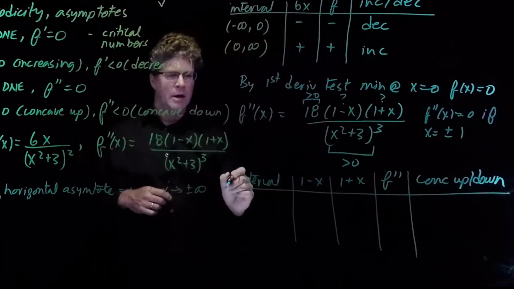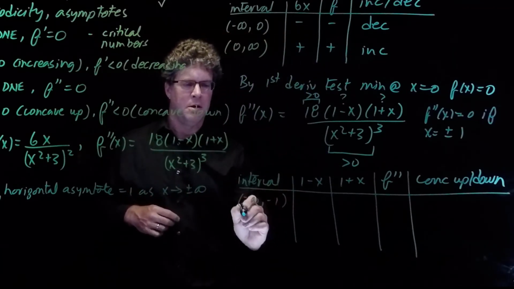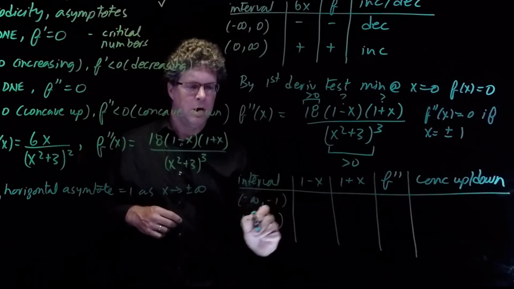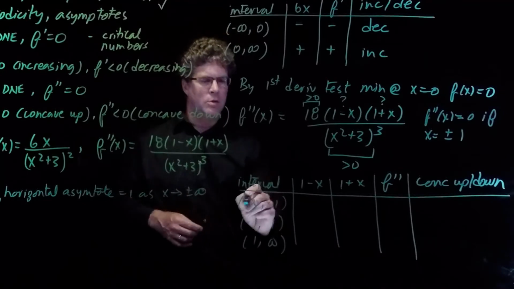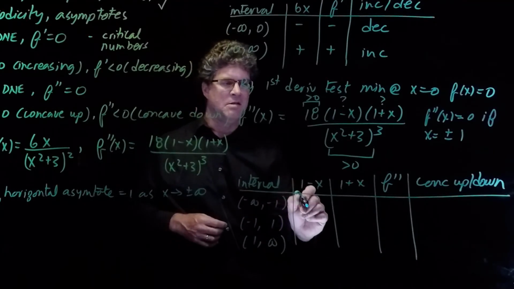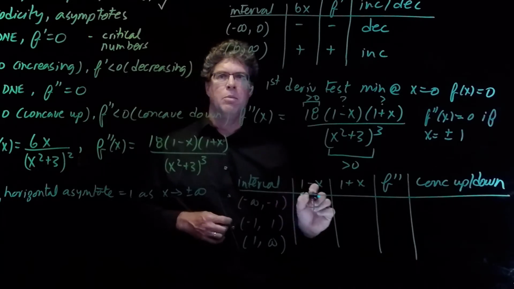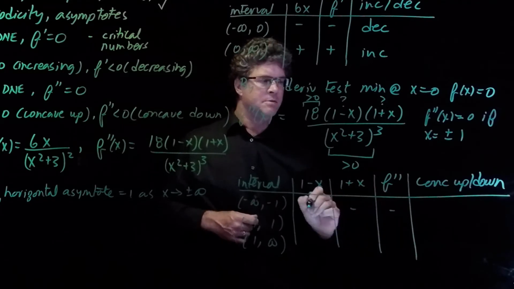Okay, so we're going to look at the interval minus infinity, minus 1, minus 1, 1, and 1, infinity. On the interval minus infinity, minus 1, 1 minus x is positive, 1 plus x is negative, and so f double prime of x is negative.